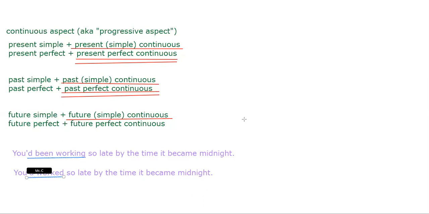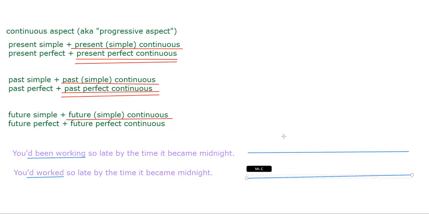So if we draw a timeline here, let's have a timeline expressing the difference between the two events. We'll make our past perfect scenario. We'll say that this is a past reference point. It's just at one point where you started working so late.